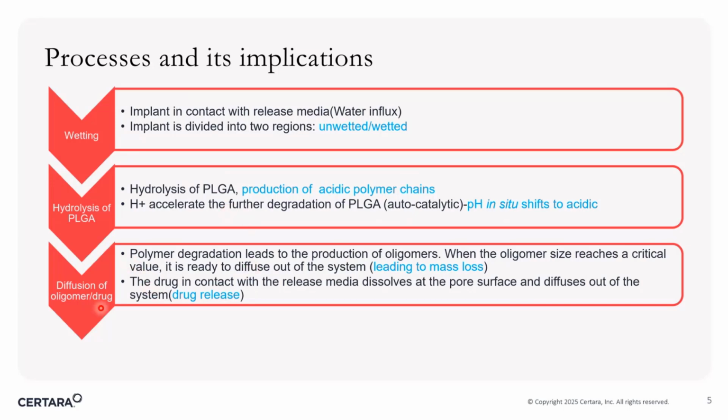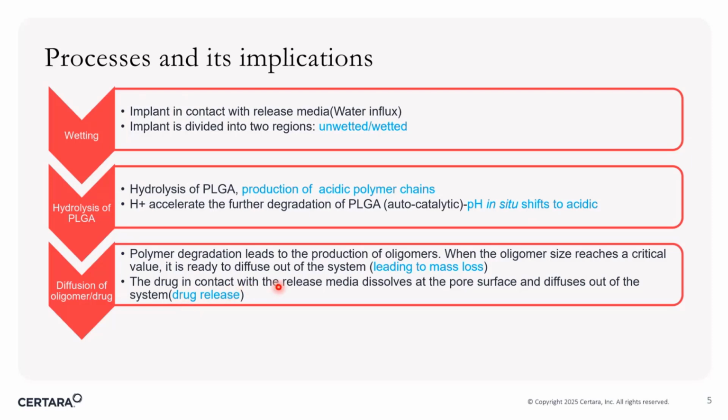So the next step is diffusion of oligomers and drug. When the chain length of oligomers reaches a critical value, they would diffuse from the system inside to outside. This would lead to a change in mass loss at macro level. At macro level, there would be a change in polymer and a change in porosity value. We also consider the dissolution of drug, as I previously mentioned.